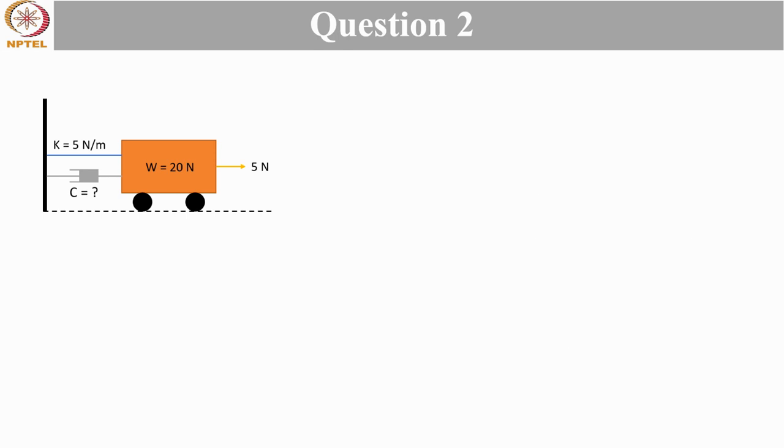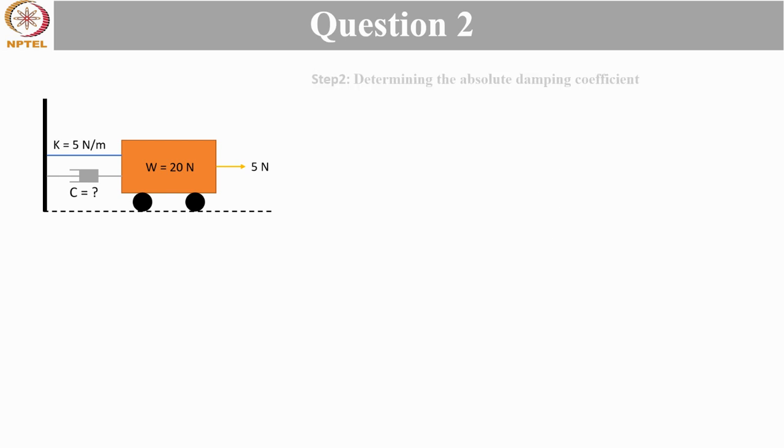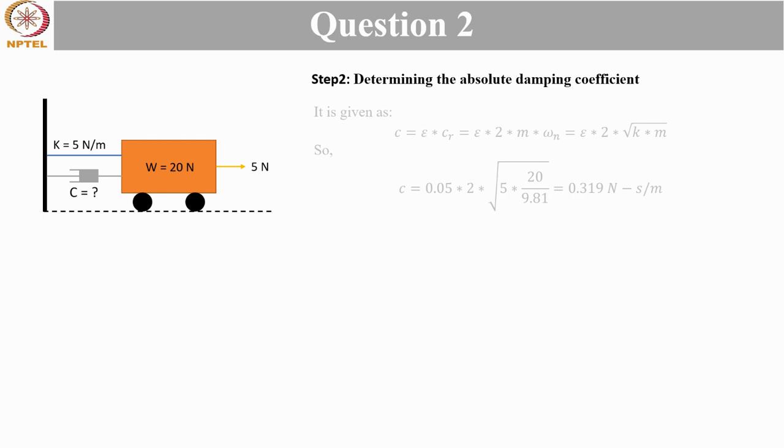Now we know the value of k, and we know the undamped natural frequency of the system. Second is to calculate the absolute damping coefficient. For that we need to know the critical damping coefficient also. But since we know the value of m and k, we can use this relationship directly. c is equal to epsilon times c_r, which is equal to epsilon times 2m omega_n, and m omega_n, as done in the previous question, can be simplified into square root of k times m.